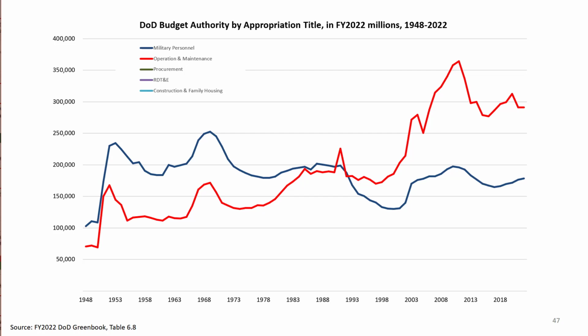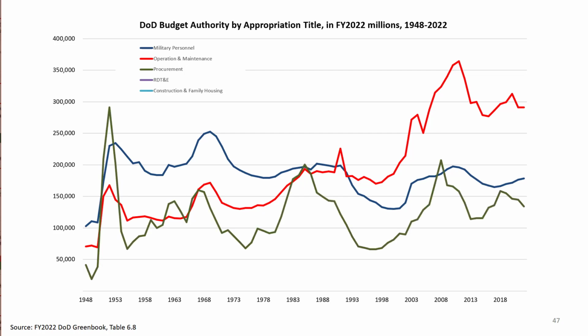And part of what explains the relationship between the red line and the blue line is that we have substituted quite a few military personnel for civilians or contractors. And so when we move the money from a uniformed person to a contractor or a government person, we're shifting money from that blue line to the red line. We also have equipment that's much more expensive to operate and maintain.